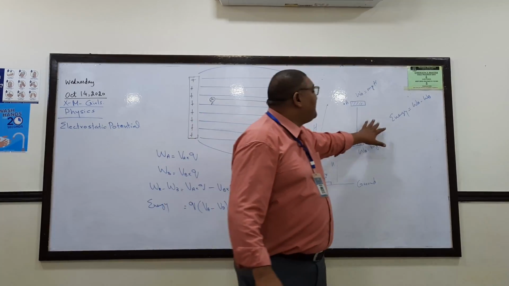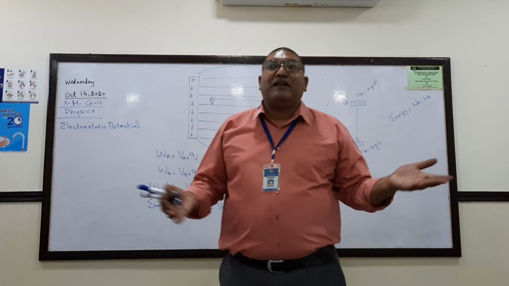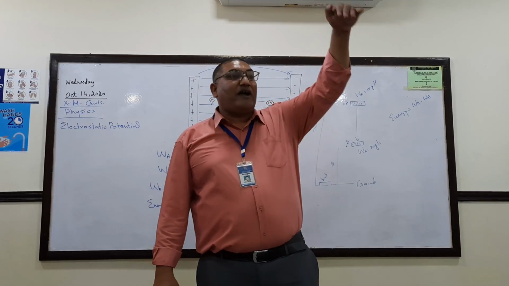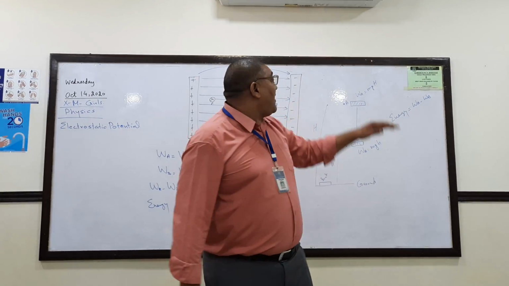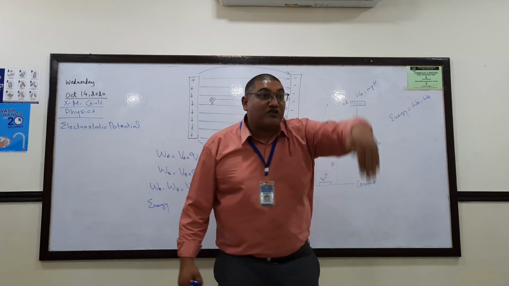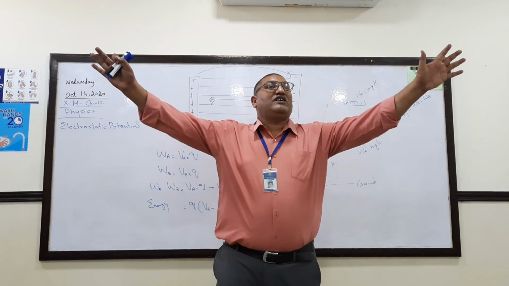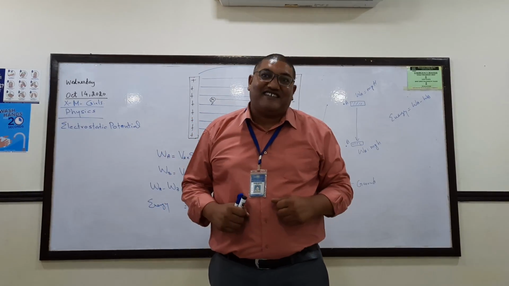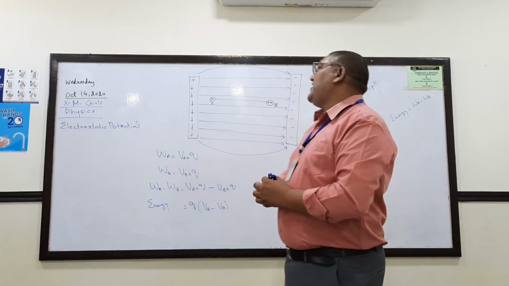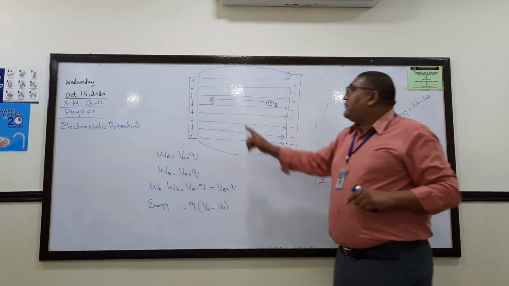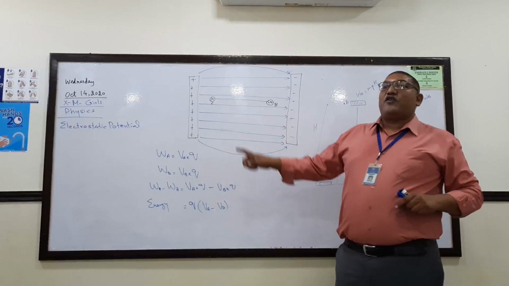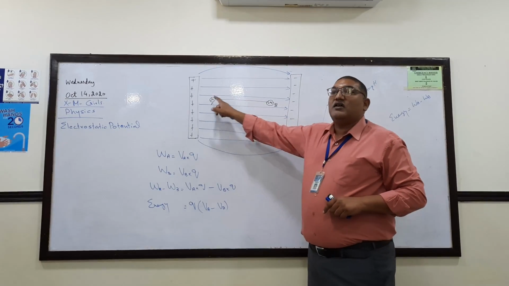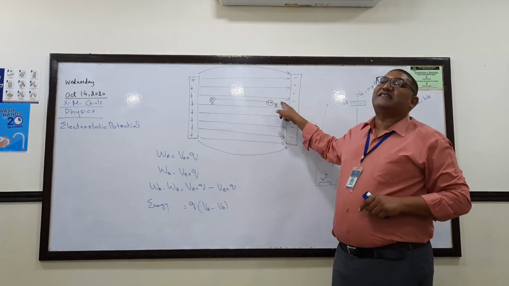This same principle is used, for example, in the Tarbela Dam or Bangla Dam. They move the water from a higher point to a lower point. When the water drops, it gives out its potential energy, and that energy is used to run the generator. In the same way, this charge will move from a high potential to a low potential.